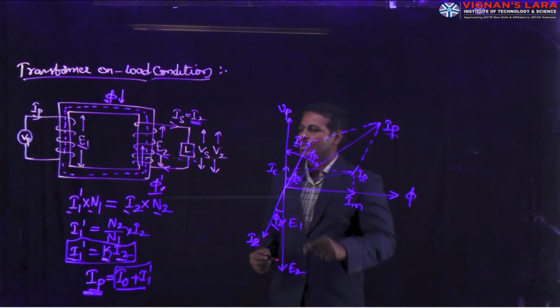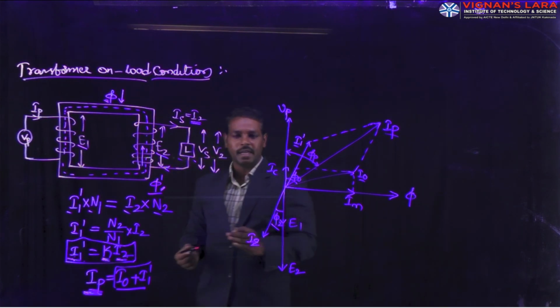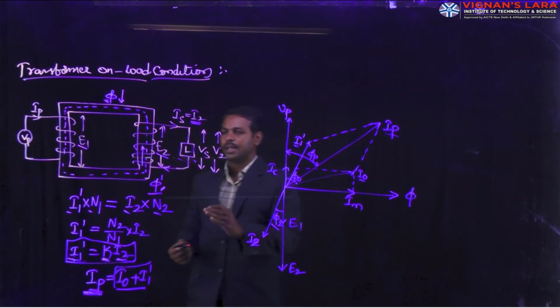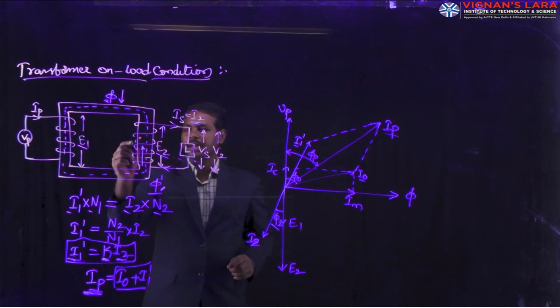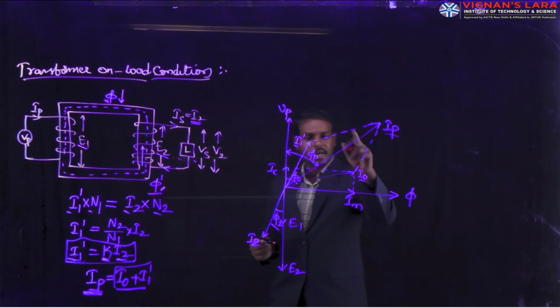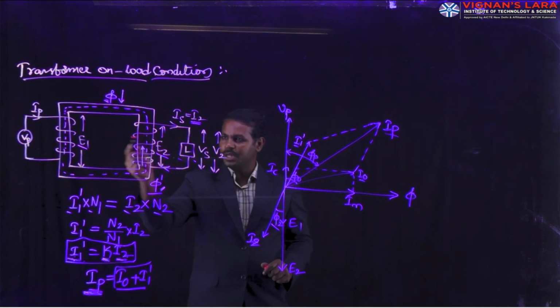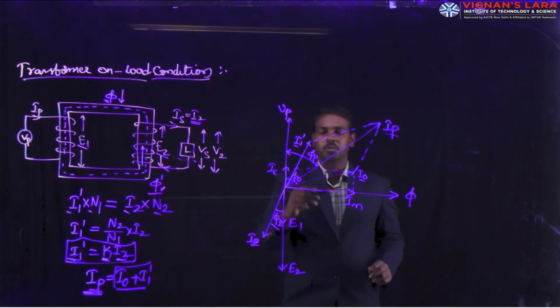In this case, we do not represent the resistance and inductance of the primary winding, nor the resistance and inductance of the secondary. Only then do we get this type of phasor diagram. Otherwise, those parameters are also included in the circuit, which is more complicated.